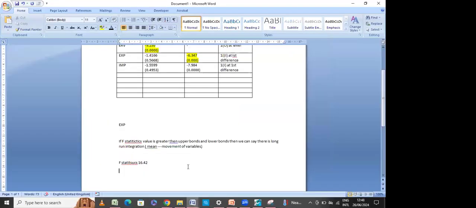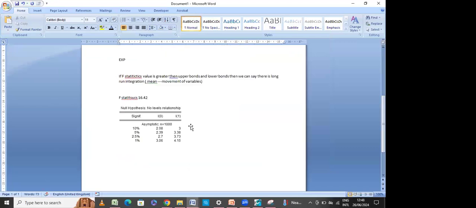So see, I have here 16.42. This is my lower bound, this is my upper bound. Now, the question arises in your mind, what is the meaning of upper bound and lower bound?